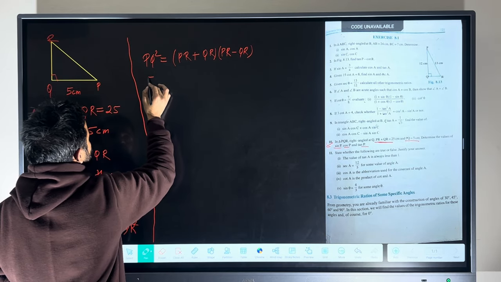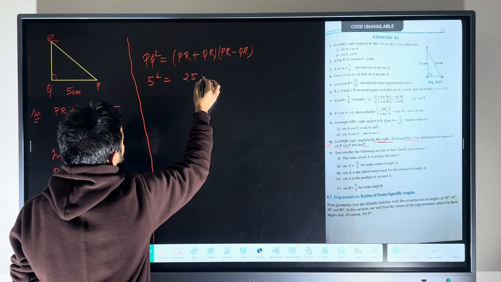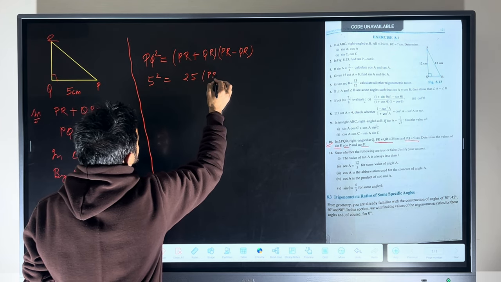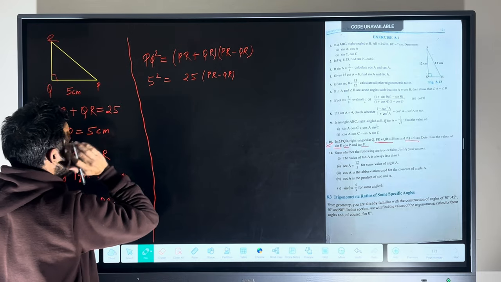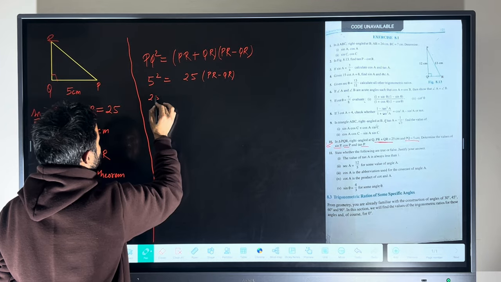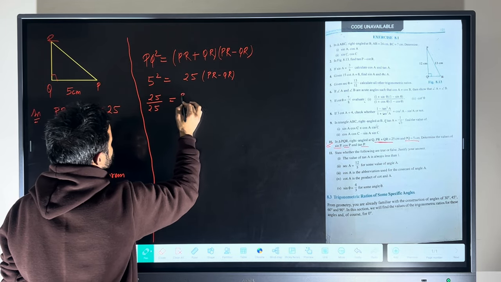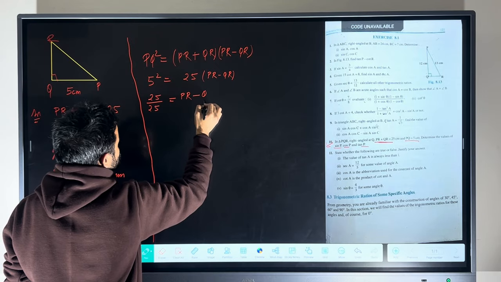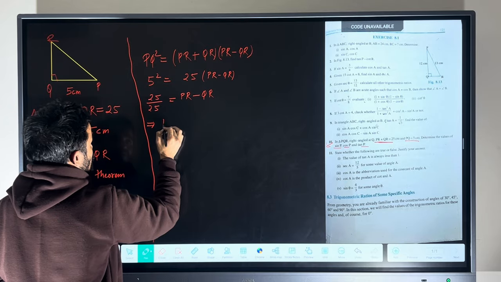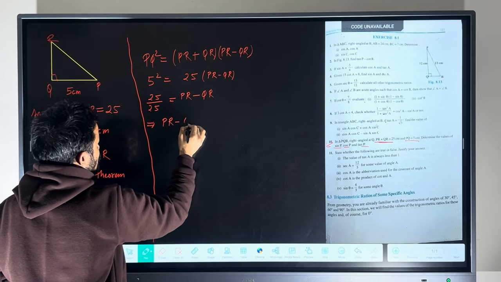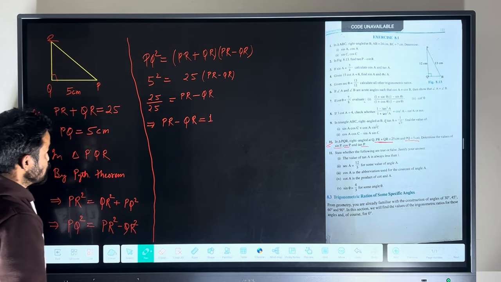Now PQ is 5 square, PR plus QR is 25, so 25 times PR minus QR equals 25, and we can say PR minus QR is equal to 1.